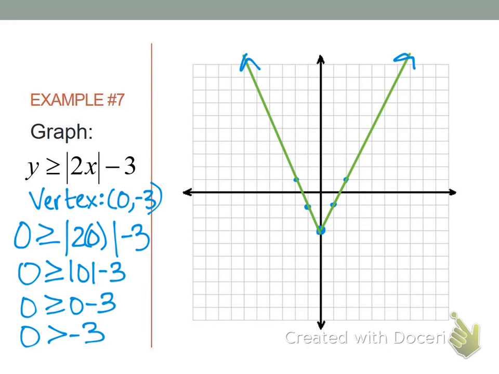Is 0 greater than or equal to negative 3? Yes, this is true, 0 is greater than or equal to negative 3. Oh, I'm tripping, positive 3. My bad. We are going to shade where that point is. That point is inside, so we are shading inside.